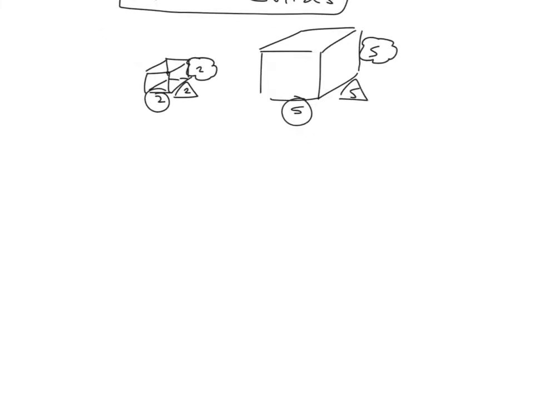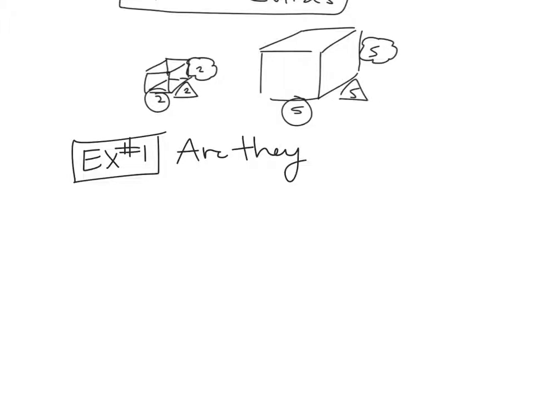But there are plenty of figures that are not similar. So the first thing we're going to do is just figure out, are these figures similar? I'm going to give you two rectangular prisms right now. So the first one looks like this.